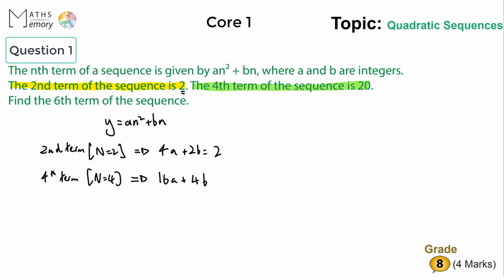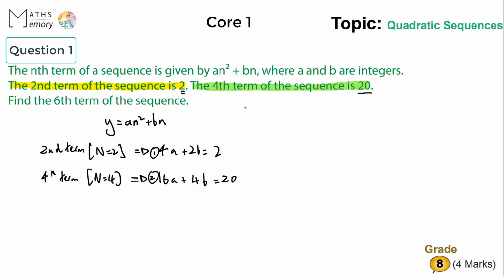Okay, 4 times b, or b times 4, will equal this number over here, 20. It's simultaneous because a and b are the unknowns, just like x and y would be anyway. Now, if we have this, let's try to find out a and b. We can call this number 1 and number 2 if you want to.